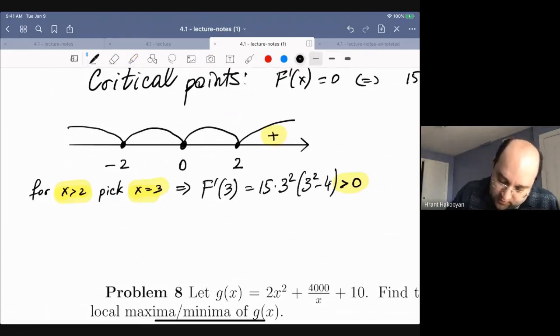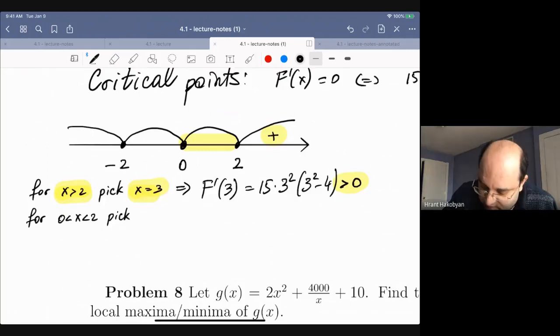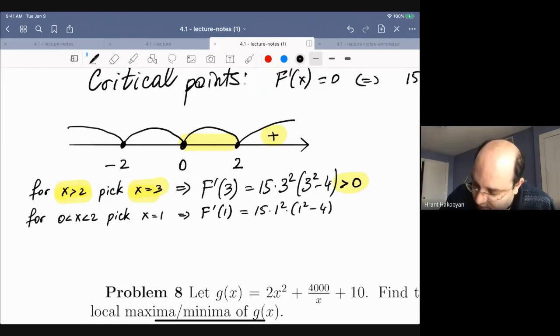Okay? I'm going to do the same thing for the other intervals. For 0 less than x less than 2, so that's this interval here, I pick x equals, let's say, 1. Then I have F prime at 1 is equal to 15 times 1 squared times 1 squared minus 4.